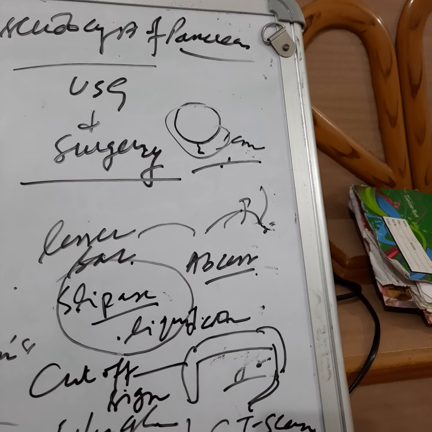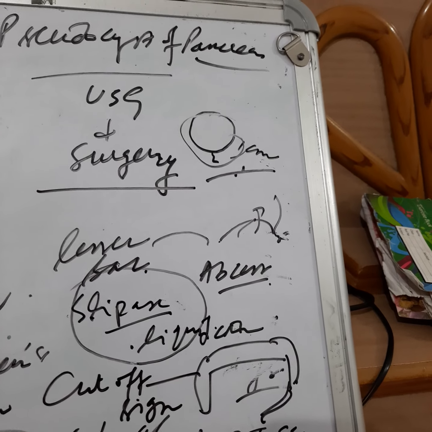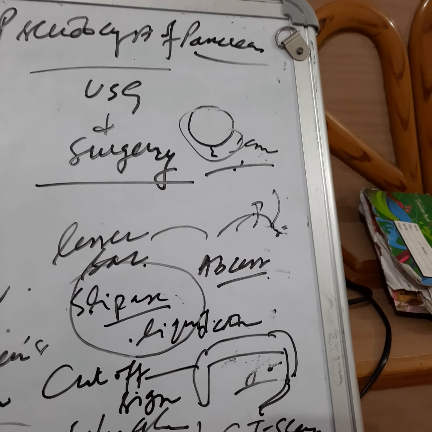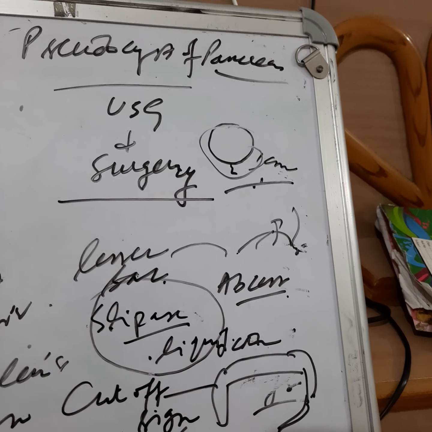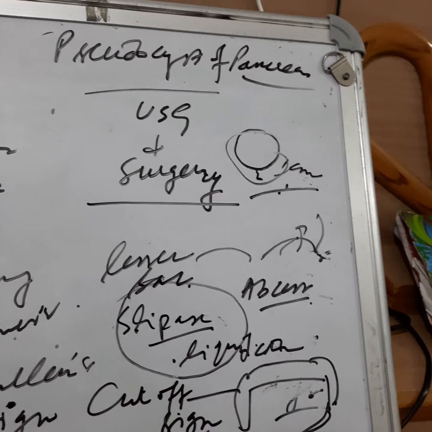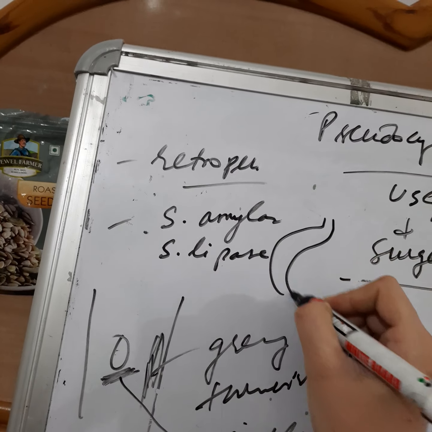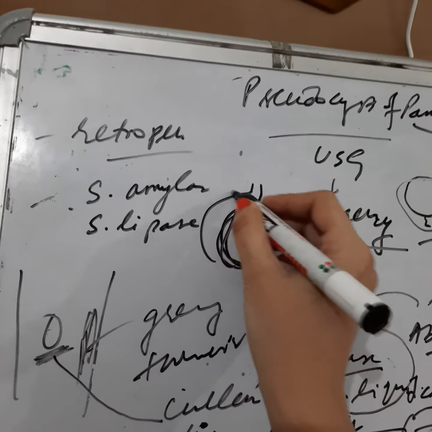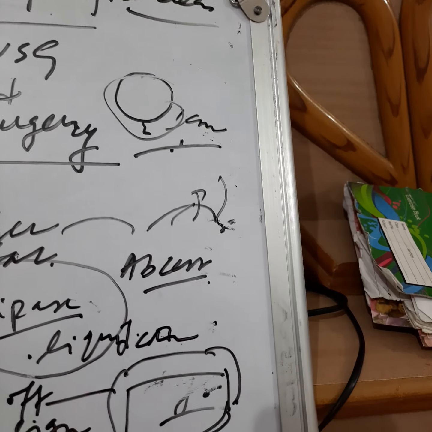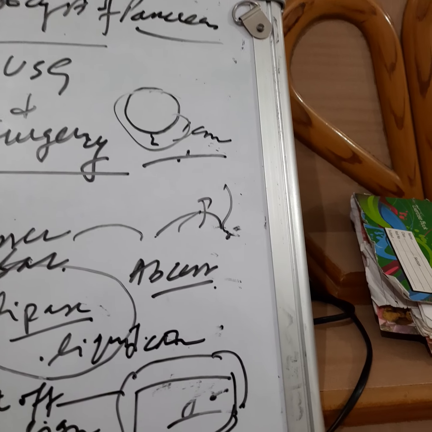In some cases, we can take the help of a barium meal X-ray, in which we can see an enlarged C loop of the duodenum, as we have seen in the picture already. This loop will increase in size due to the swelling of the head of the pancreas.